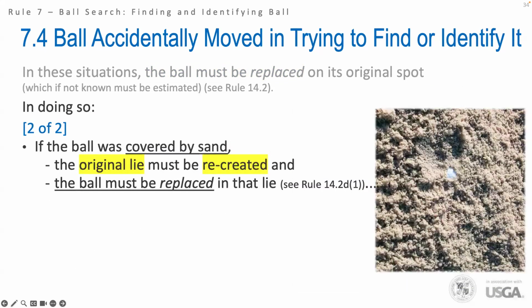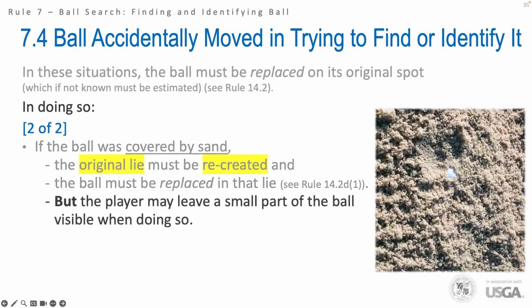And our second part, if the ball was covered by sand, like we saw earlier, the original lie must be recreated and the ball must be replaced in that lie. So again, it's reminding us of those requirements in Rule 14. And like we saw previously, the player may leave a small part of the ball visible when doing so.